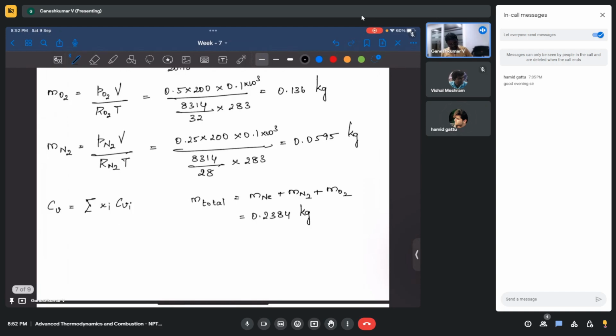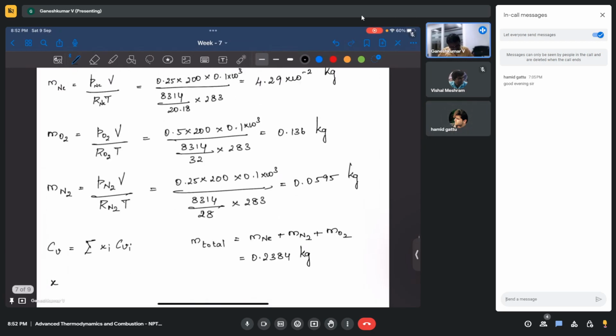Now we need to find out the mass fractions of each and every constituent so that you can get the CVs.